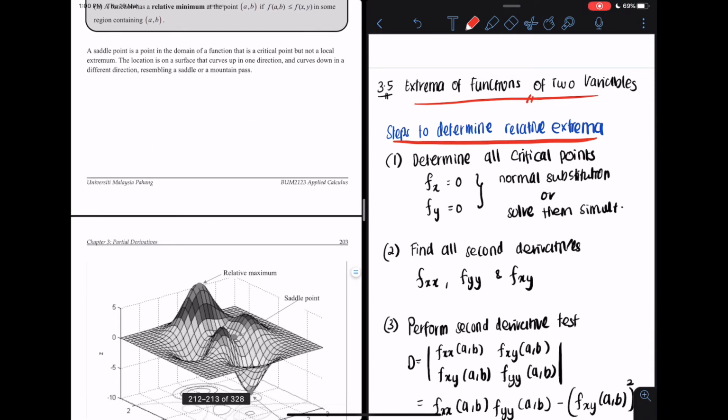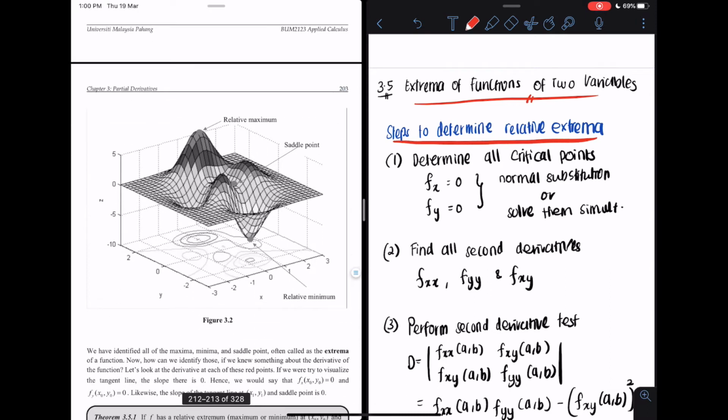page 202 onwards. So basically, it can be summarized into this figure where imagine you have a surface, and on this surface there are so many points. So instead of we give characteristic for each point that exists on the surface, we would like to determine the characteristic of a special point, and this special point we call it as a critical point.